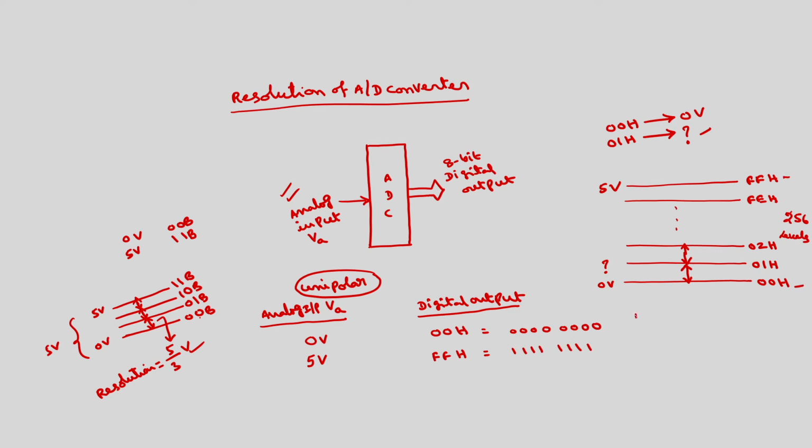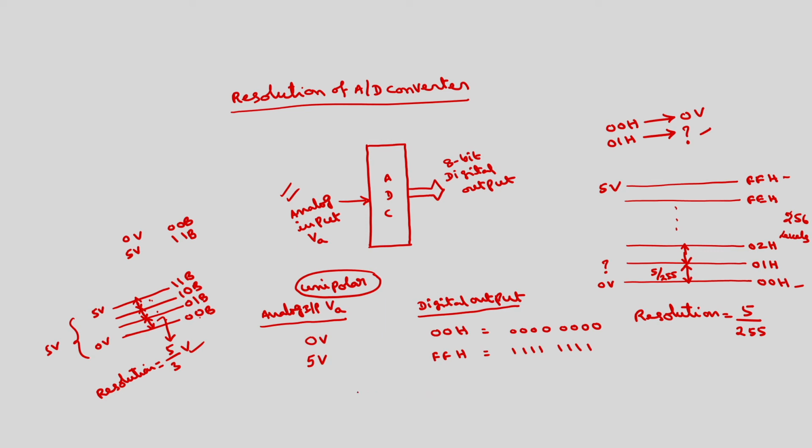So the resolution of this one is given by 5 volts divided by, we had 3 gaps there, whereas here we will have 255 gaps. This is the voltage which is required. This voltage is equal to 5 by 255 volts.